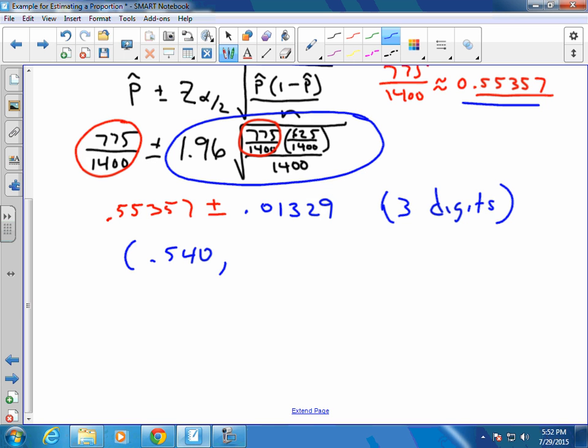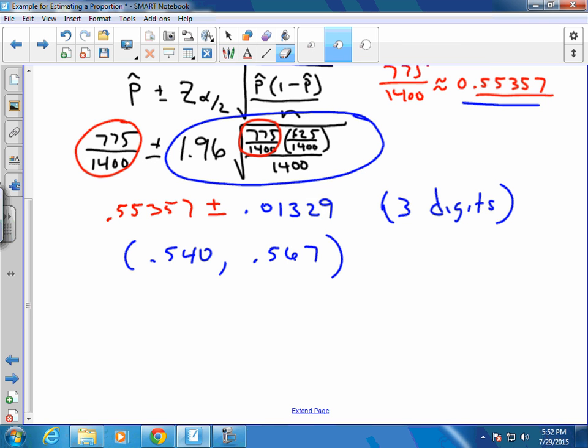And then if we do the addition, 0.567. And notice this is where rounding can matter. Because if you take the whole thing, 0.55357, and add and subtract that, you might get one answer.